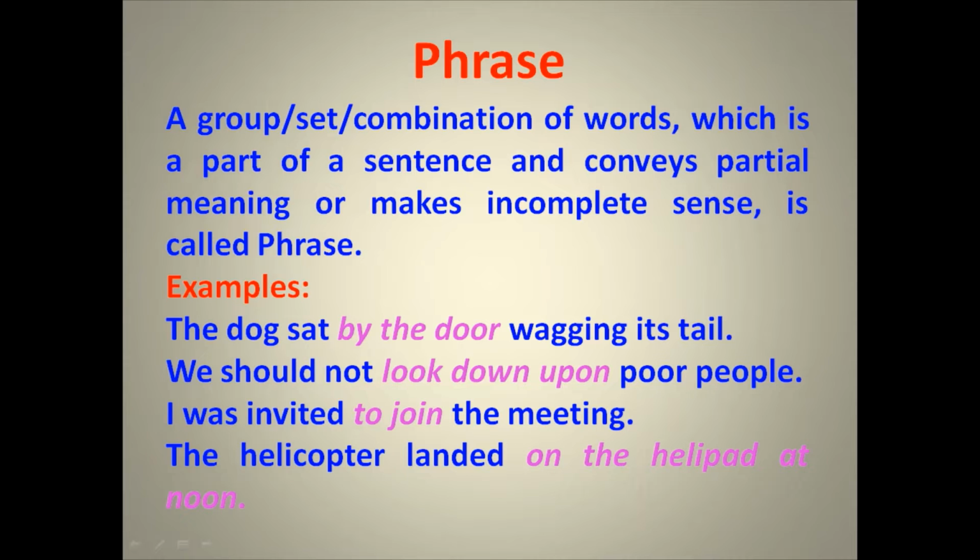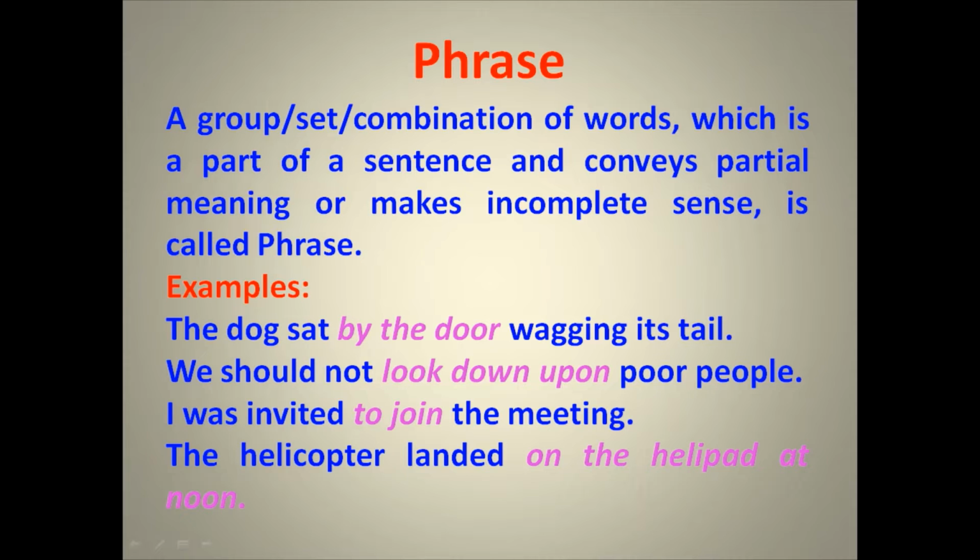It is a group of words which gives us a partial meaning, not a complete sense. We can't guess the meaning from that part of that group of words. So that type of group of words is called a phrase. Let us see an example.